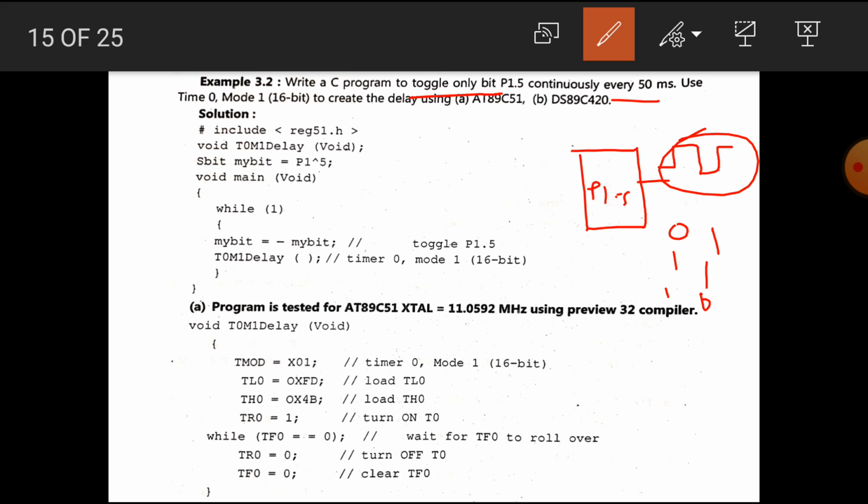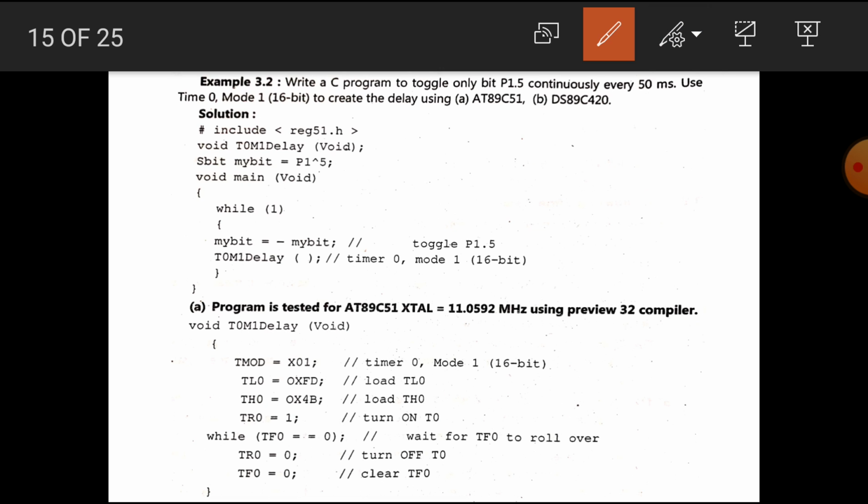Okay, then here we have to use the timer 0 mode 1 to create the delay using 8051. Okay, here we only consider the 8051 microcontroller. That means we have to toggle a bit P1.5 continuously.